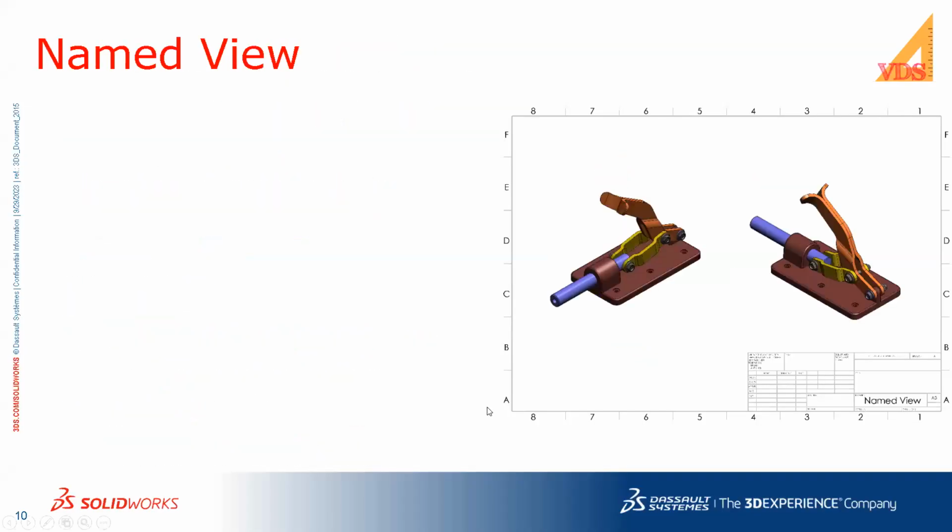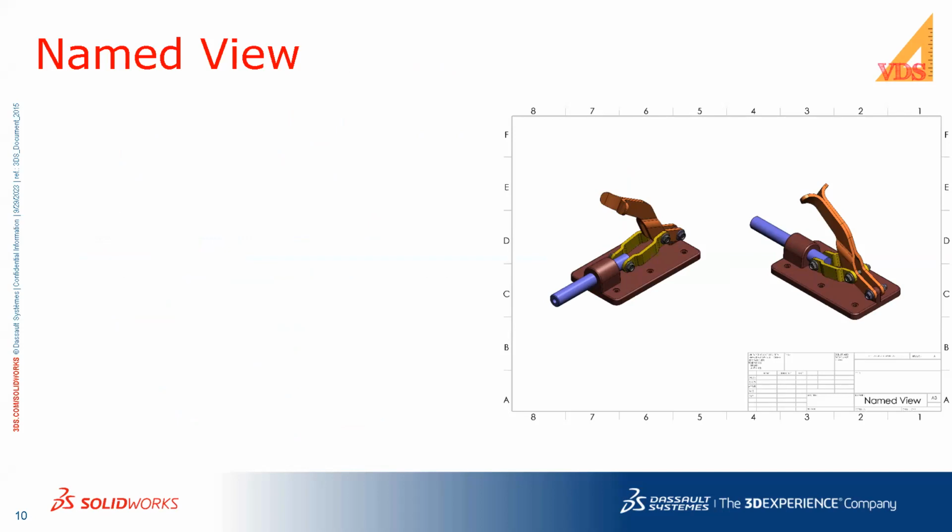Named view is again similar to a relative model view. But in this particular case, we do not need to select any face. I mean, it's optional. If we want to select a face, we can do that, but it is not necessary.